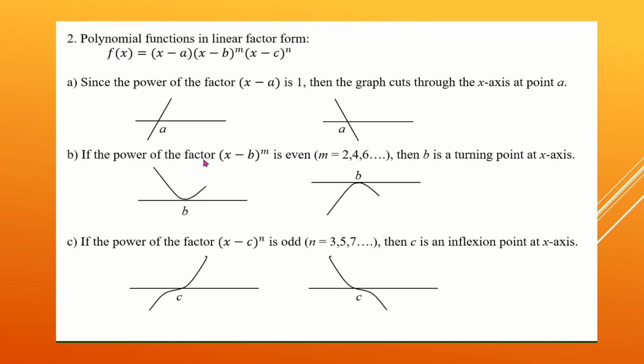If the power of the factor x minus b is an even number, then this means that b is a turning point. If the power of the factor x minus c is an odd number, then this point c is an inflection point.